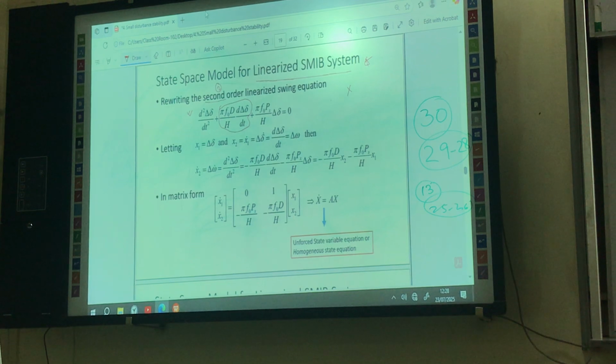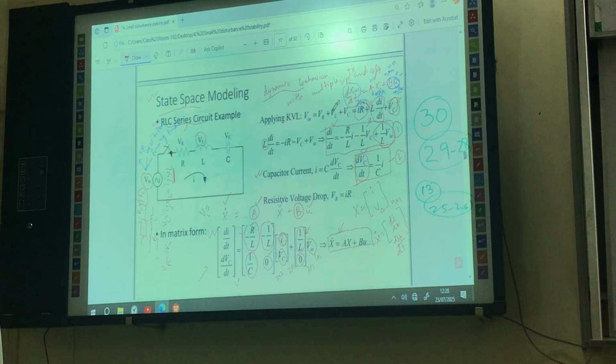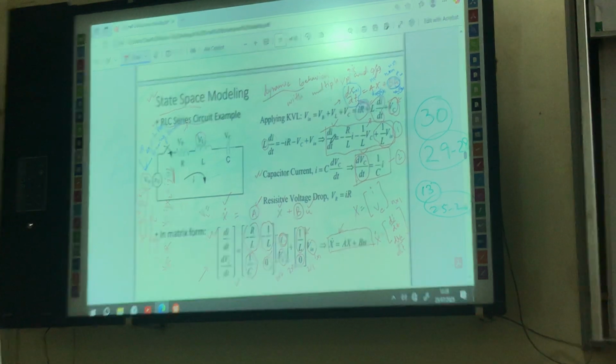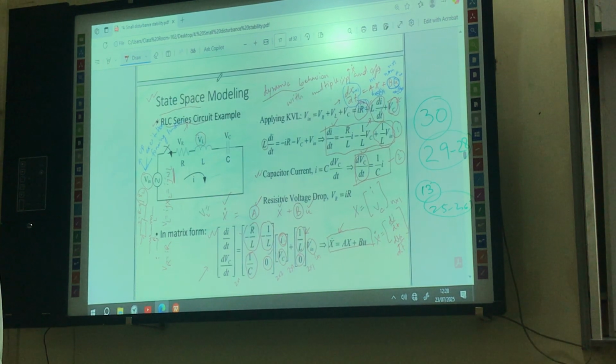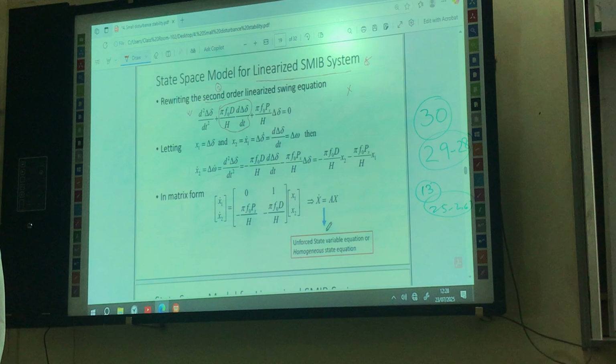In the previous example, I told you that you have to look at the d over dt terms. There were two d over dt terms, and that's why I and Vc were the state variables. Similarly here also you have to look at the d over dt terms. Since this is a second order system, we will have x1 and x2.